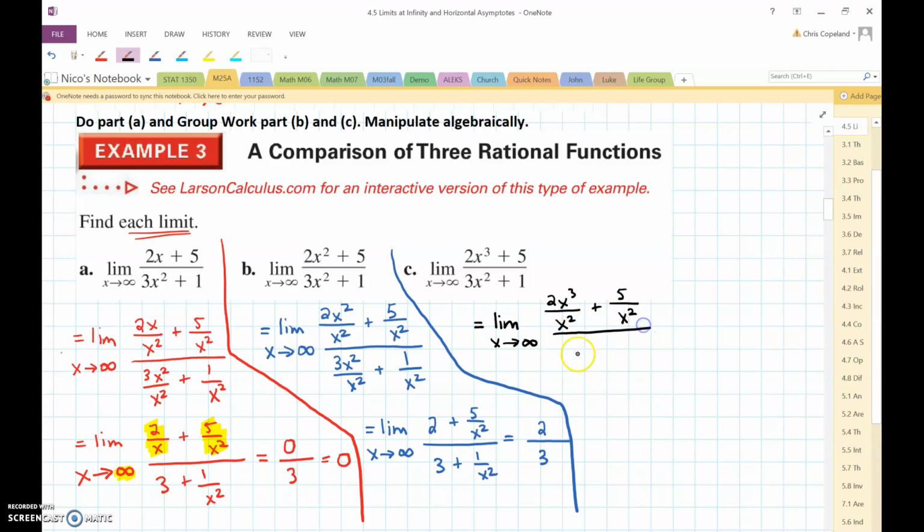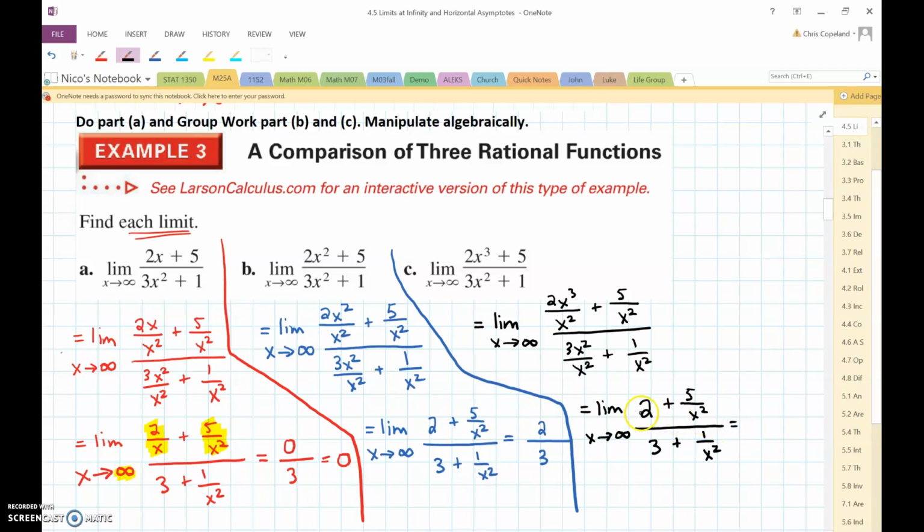So I'm going to get 3x² divided by x² plus 1 over x². Then I'm going to simplify the function inside the limit. So this is going to be (2 + 5/x²) all over (3 + 1/x²) as x approaches infinity.